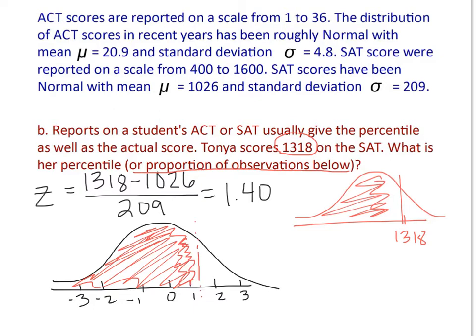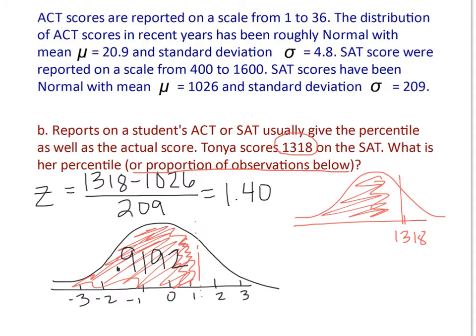Well, if I want to find this area, I look at Table A, and on Table A, down at 1.4 in the 0 column, I get 0.9192.